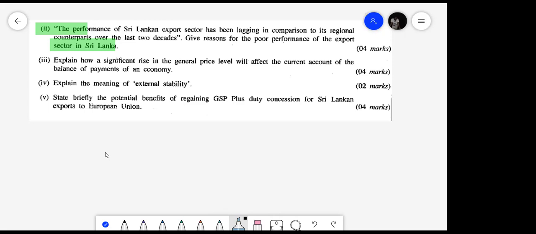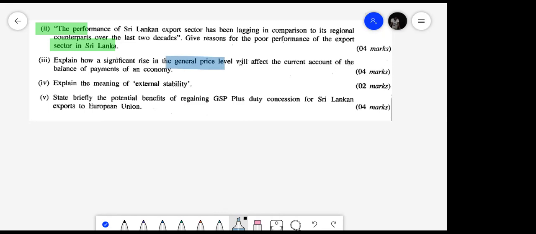I saw somewhere around 250 grams of vegetables selling at around 160 to 200 rupees. Earlier, 1 kilo was around 160 to 200. So how does this increase in price level affect this, guys?